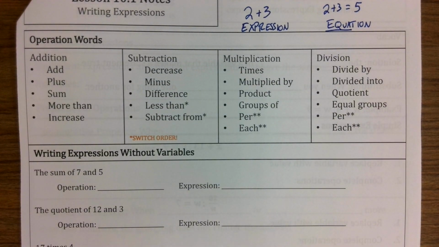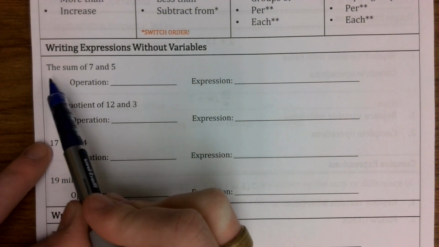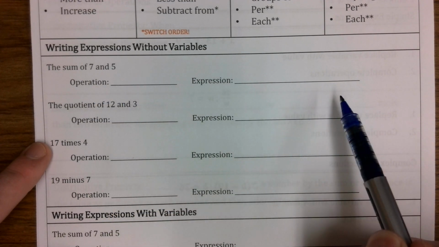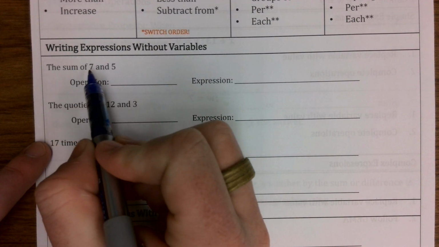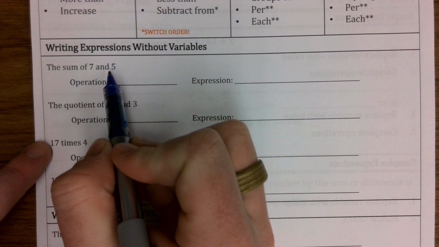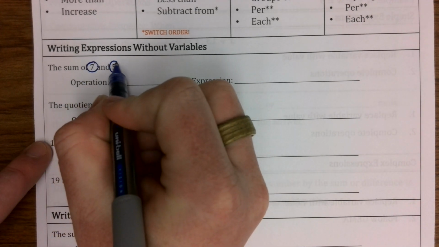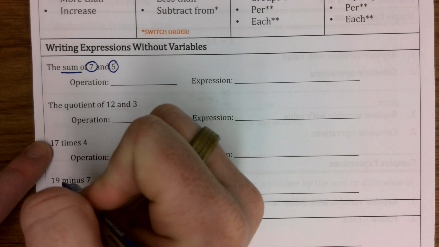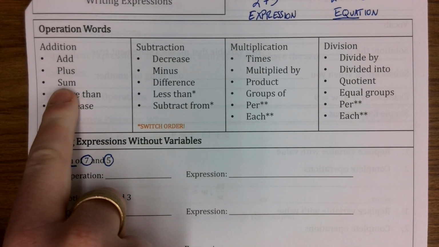Let's look at how to write expressions without variables. So here we have words. We're going to write the operation that it's telling us to do and then the expression that goes with it. So we have the sum of 7 and 5. Here are my numbers, 7 and 5. My operation word is sum. I'm going to go up to my list and look for the word sum, and I see it right here.